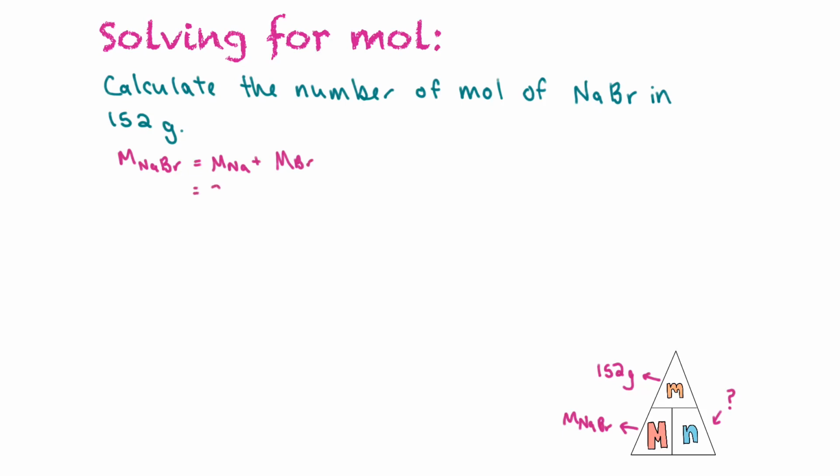So that's equal to 23.0 plus 79.9 grams per mole. So we add those two values together, and we get a value of 102.9 grams per mole.